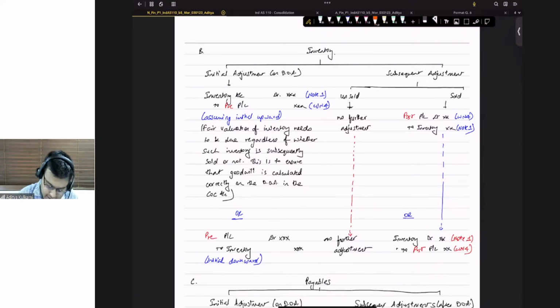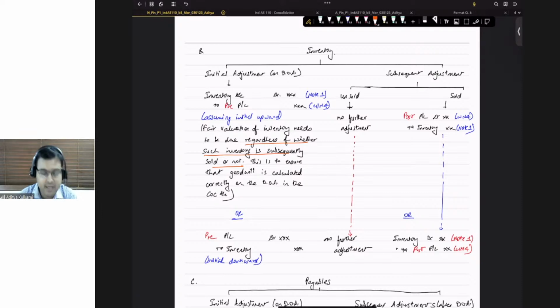Fair valuation of inventory needs to be done regardless of whether such inventory is subsequently sold or not. The initial date fair valuation needs to be done whether inventory is sold or not; that is a later matter. First, you have to do the revaluation impact because the goodwill should be correctly computed on the date of acquisition.